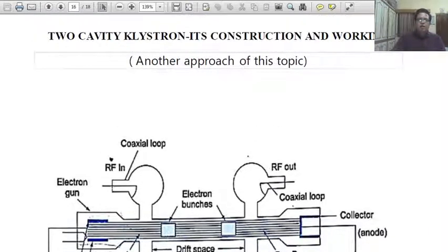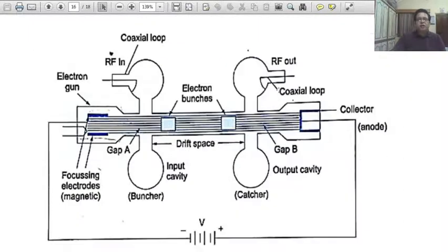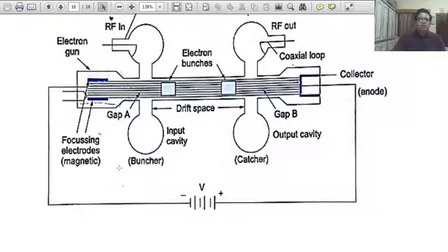In this article, again another approach to this topic. The figure is shown in a different way. Approximately all parts are labeled. Okay, the potential between cathode and anode is not shown here. This potential is also given here.